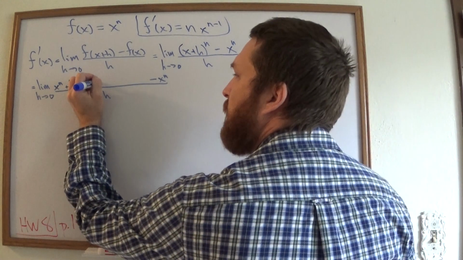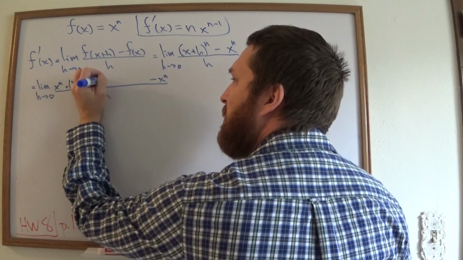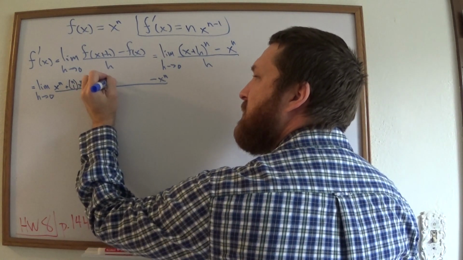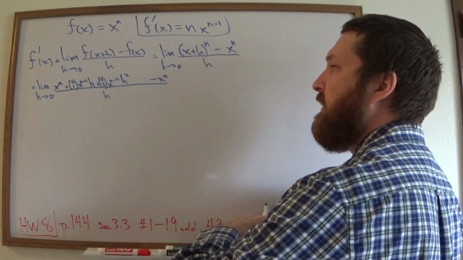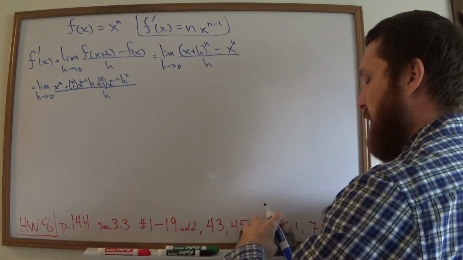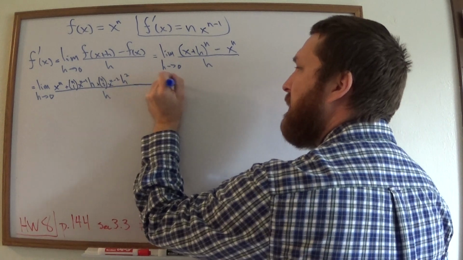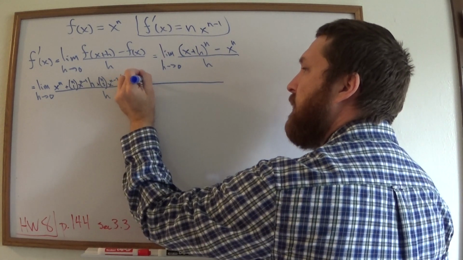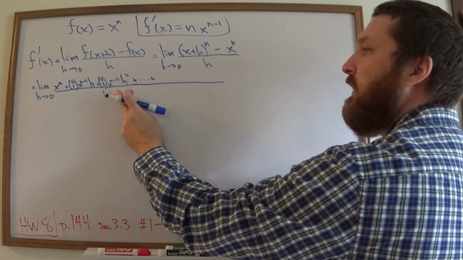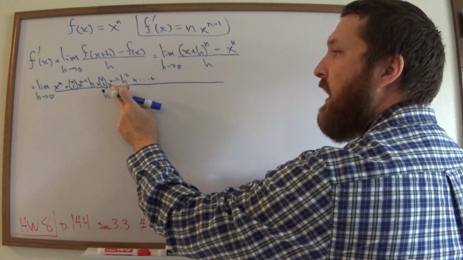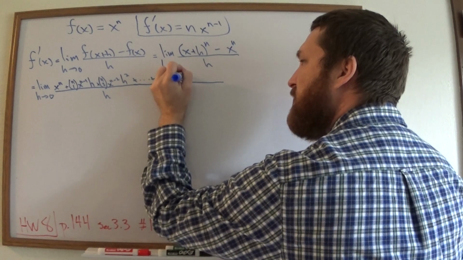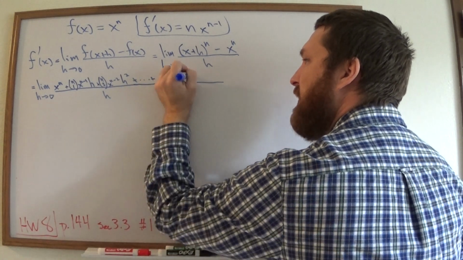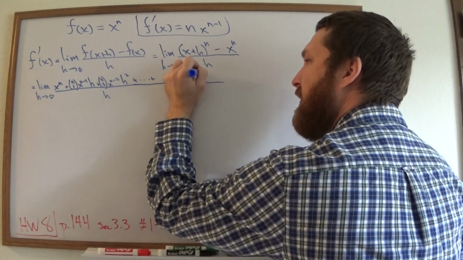Now we go to the next one, plus n choose 2 x to the n minus 2 h to the 2. And I do want more room here, because I'm going to say, okay, that pattern continues, and so on, until finally, I guess when x, let's go x squared, and it's x squared, then it'll be h to the n minus 2.